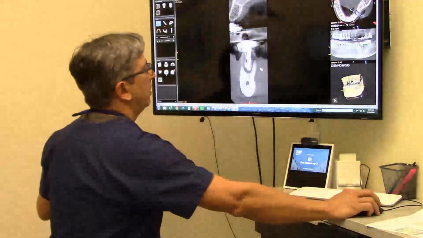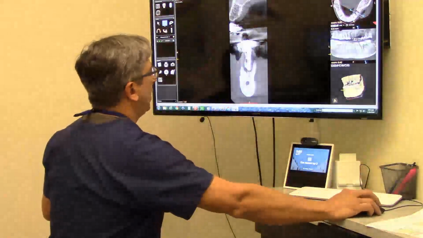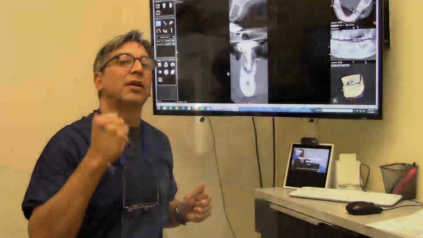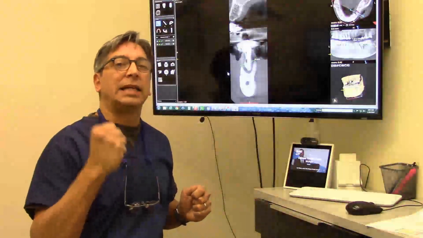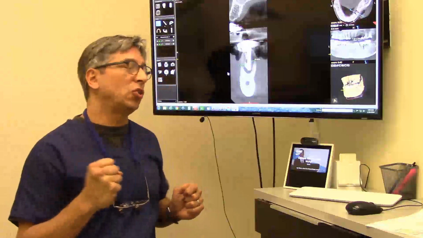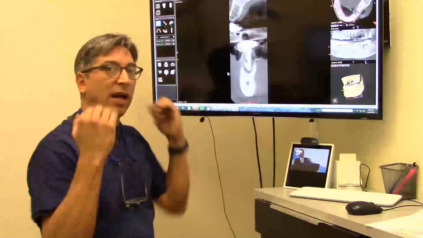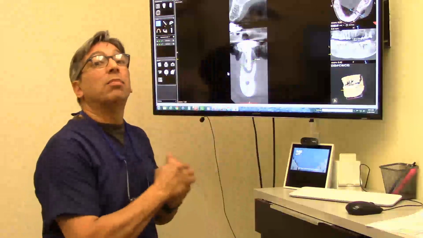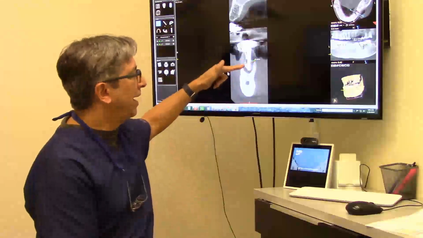But now that I'm looking straight down the middle of where that tooth is, we only see a certain amount of bone, and that bone only goes from here to here. You have to have the implant in bone. So if the best we can do in terms of grafting is from the height of the existing bone down into a socket site, our height of bone has now dropped tremendously.